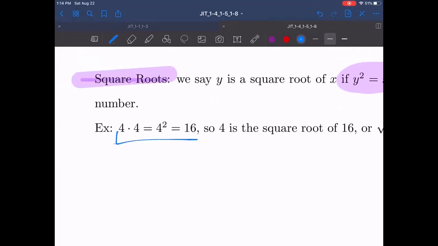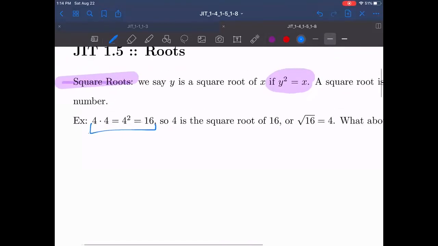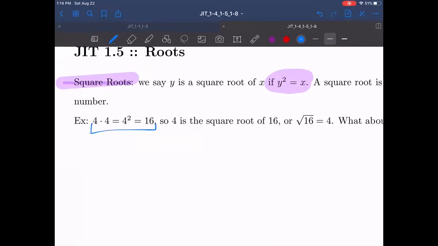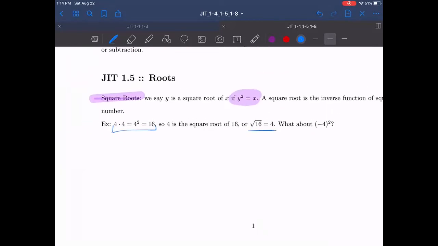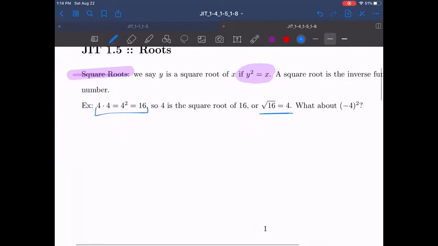So if we look at an example here, we've got 4 times 4, which is the same as saying 4 squared is equal to 16. So 4 is the square root of 16. But what about negative 4 squared?